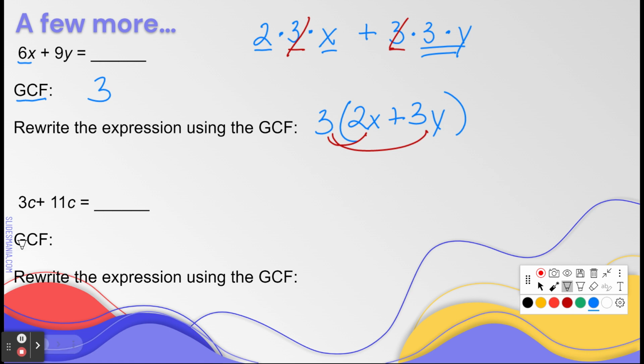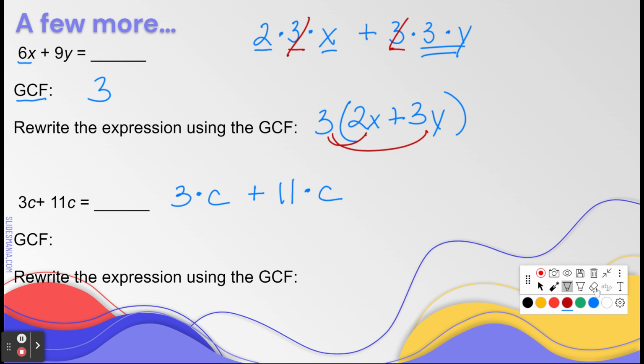Now this one's a little bit different. We have 3c plus 11c. 3 and 11 are both prime. So if I wrote these in expanded form, and you will not always have to expand these, you will be looking at them and figuring out the greatest common factor without expanding them.